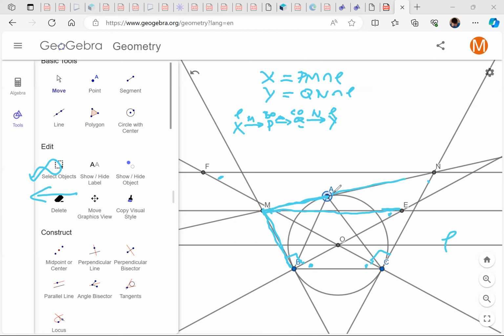Similarly, NA is equal to NC, and we know it's of the same ratio to NF due to the similar triangles. So basically, AM to ME equals AN to NF.